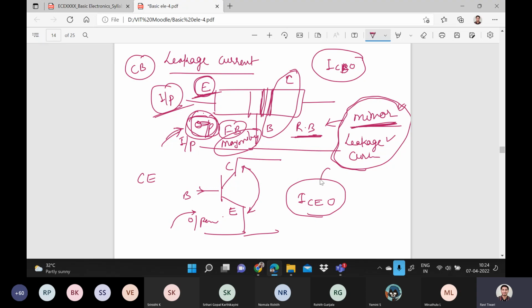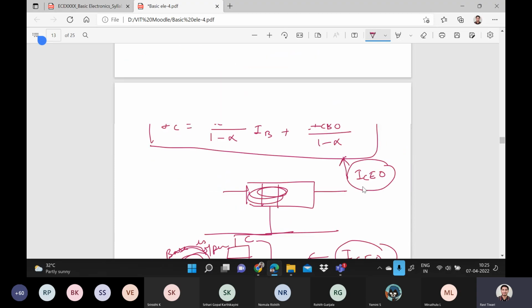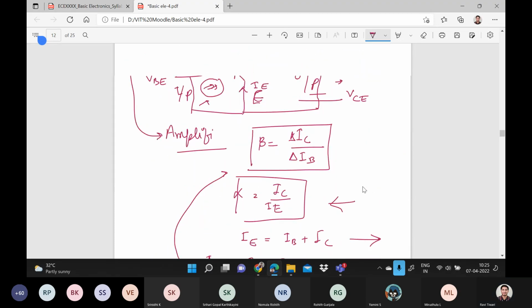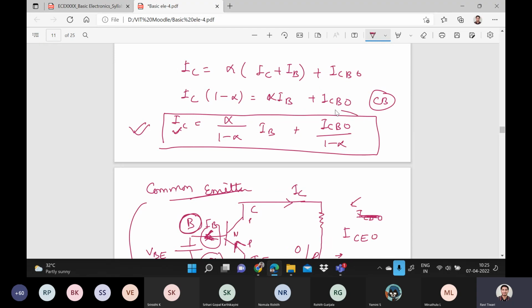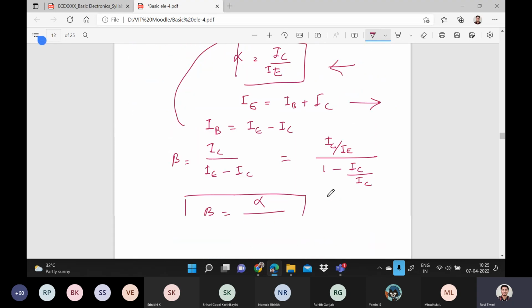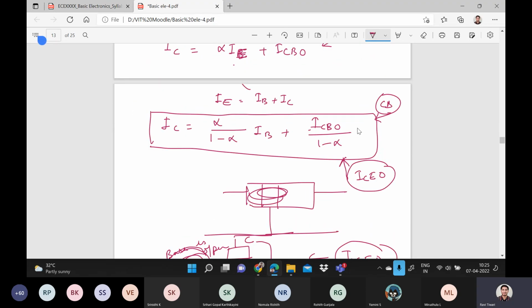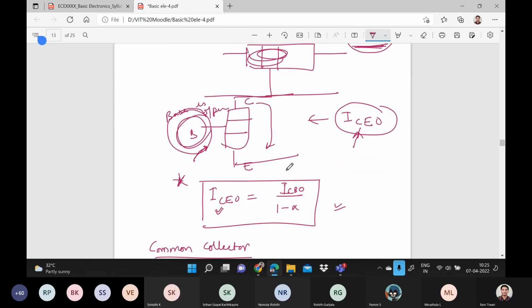So it's a leakage current in common emitter, same thing. So in the equation, whatever we discussed, in the common base, this one is a leakage current, right? In this case, this is equal to the leakage current of common emitter. So that's why this total equation is equal to ICEO. Understand? Is it clear?